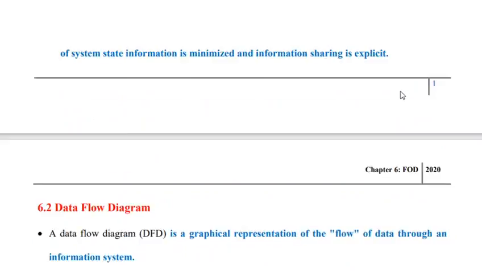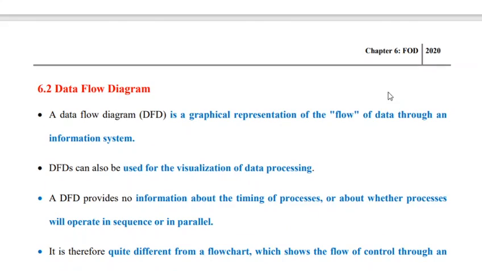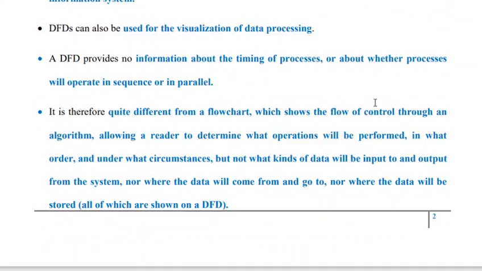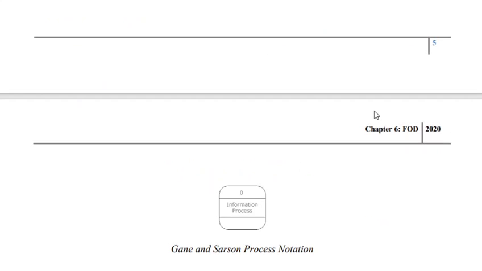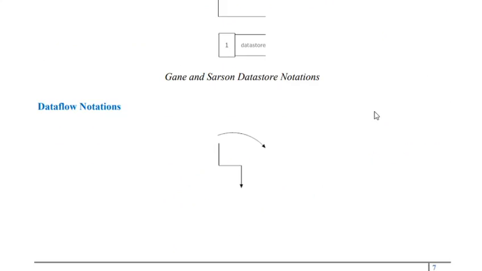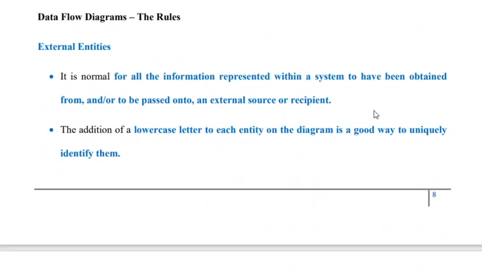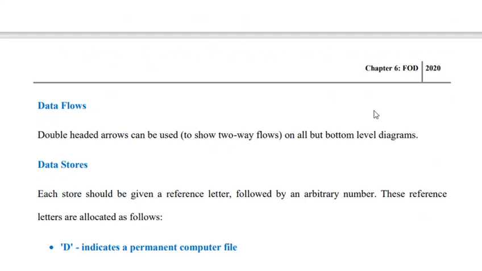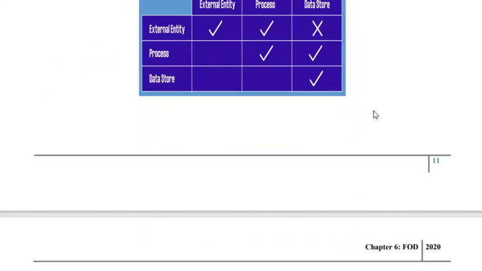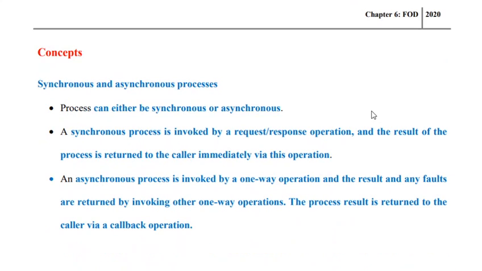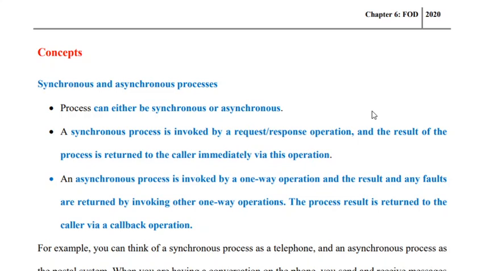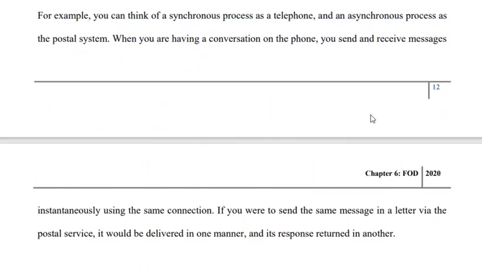In this particular chapter, we learned about function-oriented design. We learned about the data flow diagram, data flow notations, and different data flow rules. We've learned about the various ways in which the elements of the program can interact. Then we discussed a few of the important concepts: synchronous and asynchronous interaction.